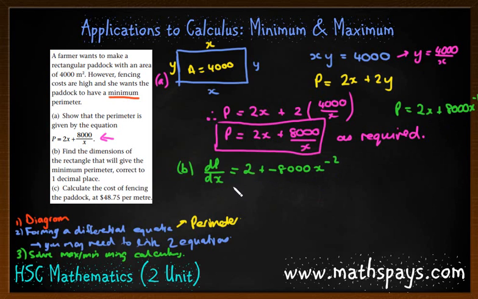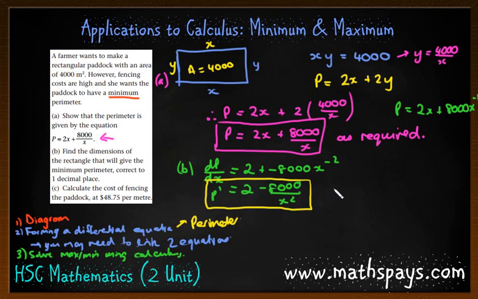Of course, if you recognize straight away that you can rewrite that to be 8,000 over x squared, that's probably a quicker method of doing it, and that's my differential equation. So we've got my equation, and then we've got my differential equation. Now, saying form a differential equation is not very accurate. I want to form an equation that I am going to differentiate, okay?